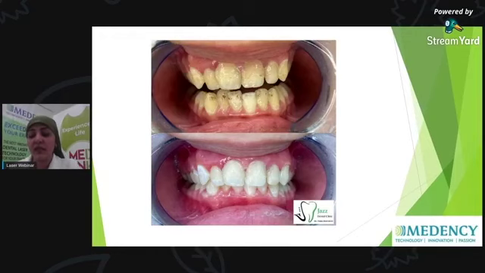So I did scaling and a really good polishing, and I did her bleaching, and I told her that she should replace the old restorations, and she's coming in the next visit for that. But as you can see in the after photo, it looks perfect. There is no big difference in the color due to the polishing I did.